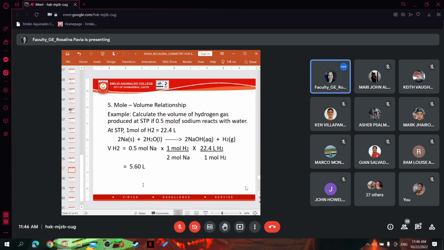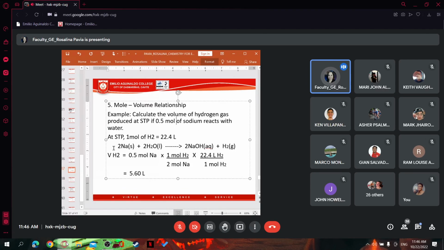Meron pa. Mole volume naman. Mole volume. Given yung mole, required volume. So calculate the volume of hydrogen gas produced at STP if 0.5 mole of sodium reacts with water. Again, STP, 22.4 liters.